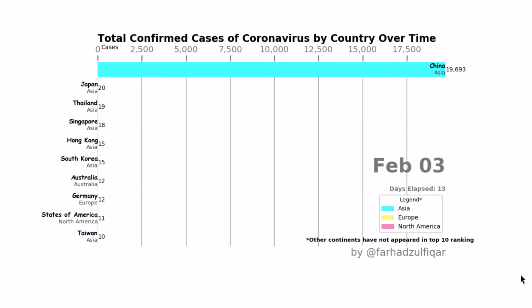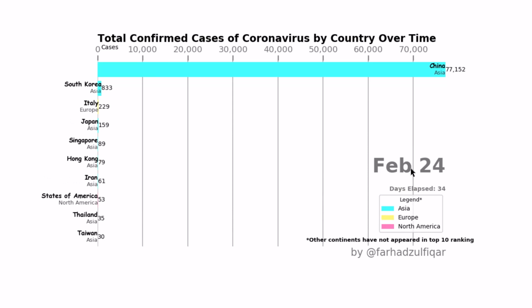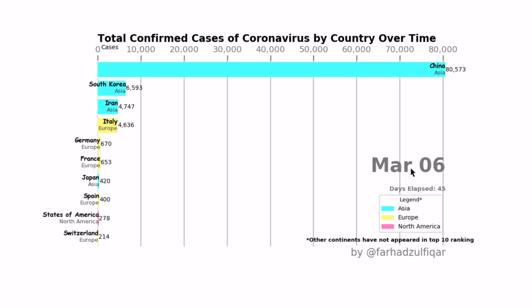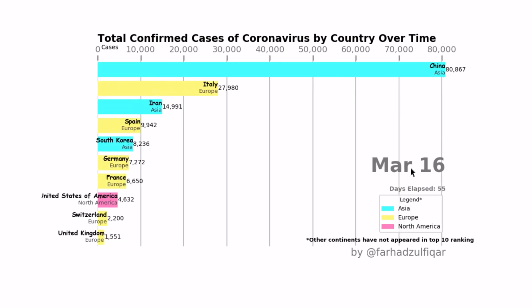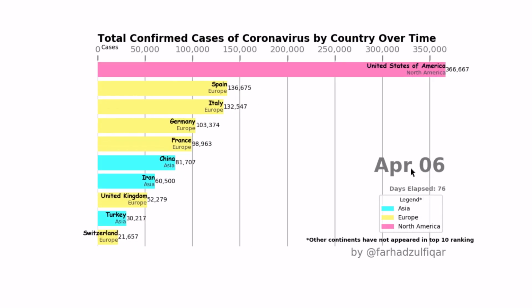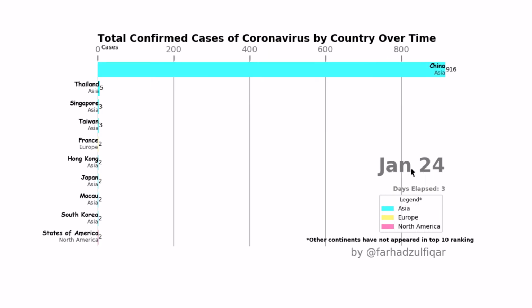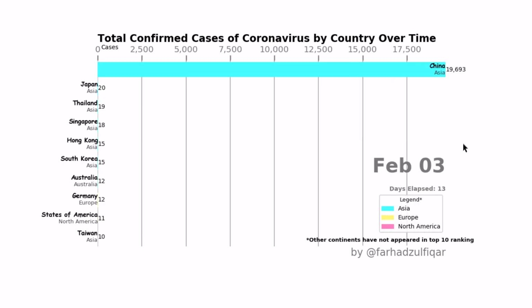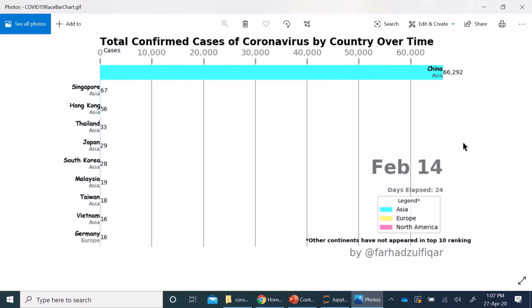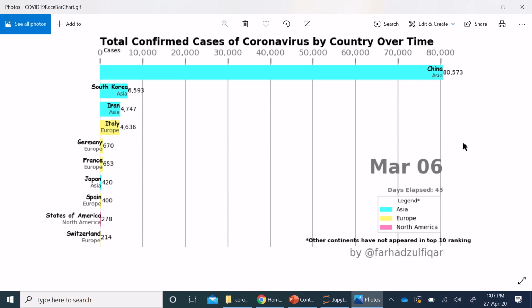Here you will see that it is running. The last observation will be on April 25, and then it will rerun. So that is fairly straightforward how we get our race bar chart using data science.